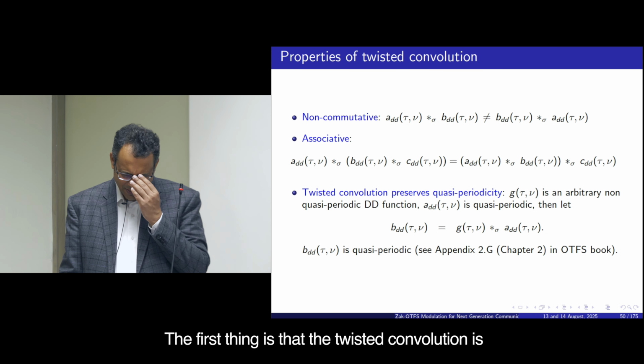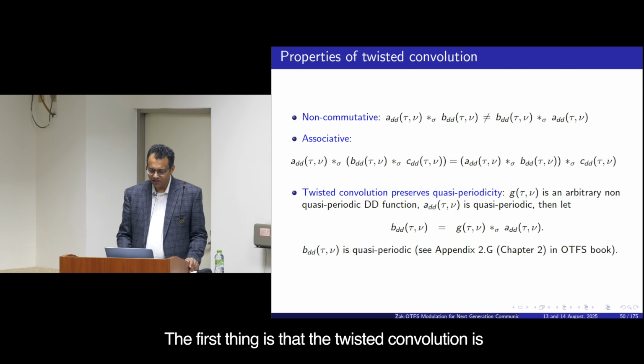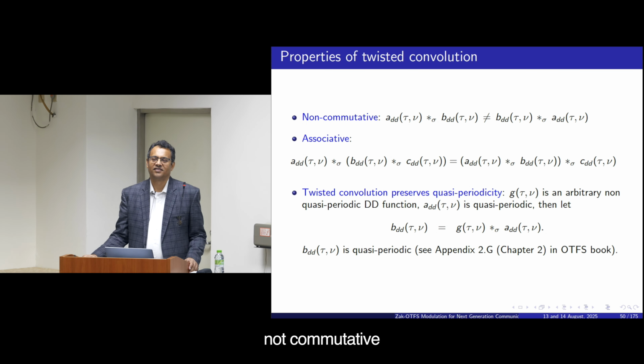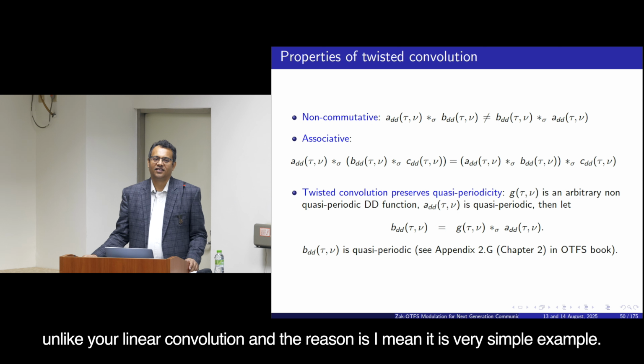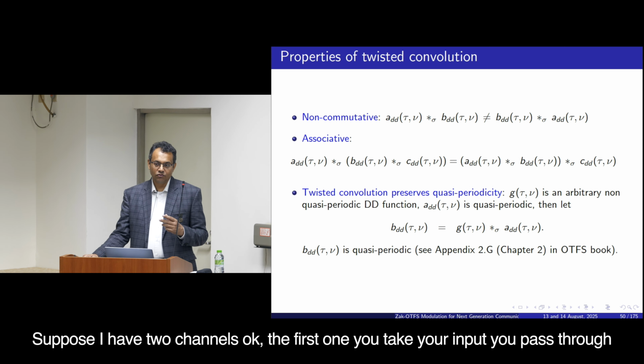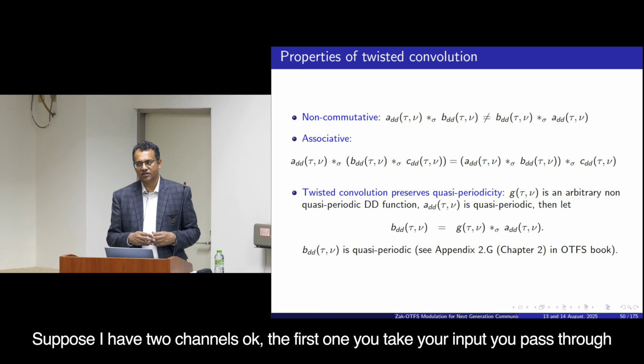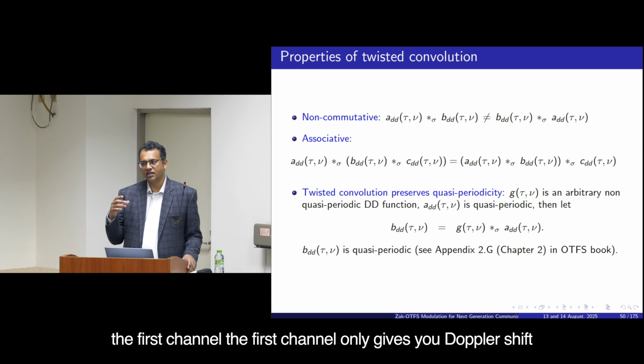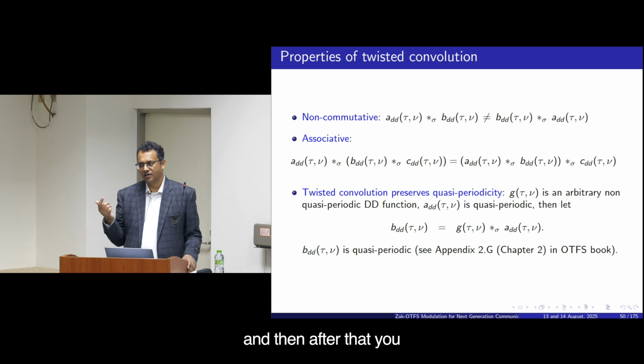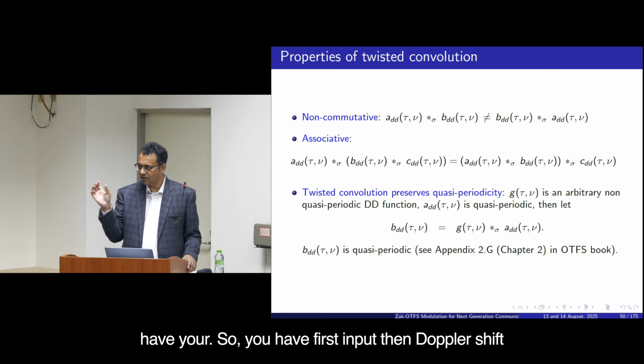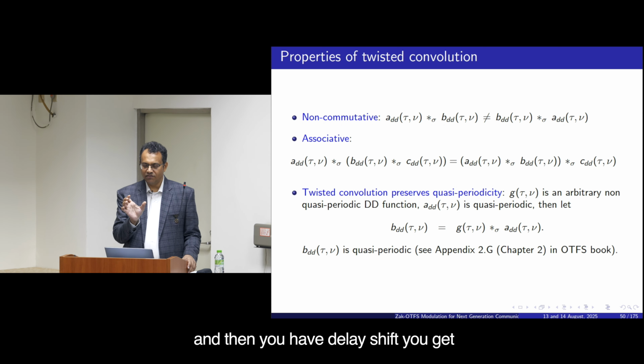The first thing is that the twisted convolution is not commutative, unlike your linear convolution, and the reason is, I mean, it's a very simple example. Suppose I have two channels, okay. You take your input, you pass it through the first channel which only gives you a Doppler shift, and then you have a delay shift, and you get something at the output.